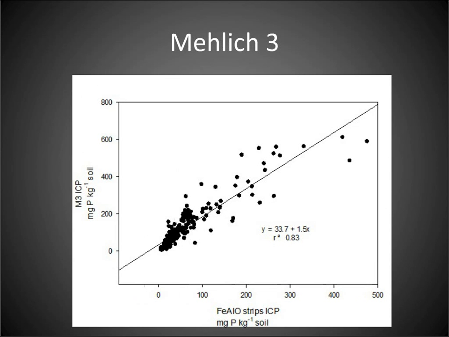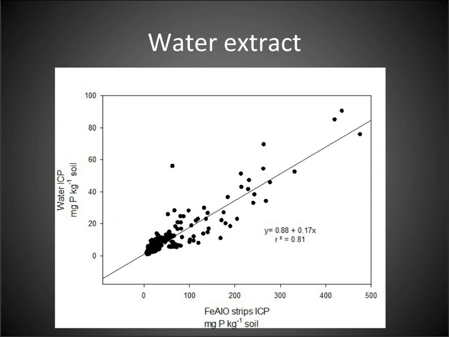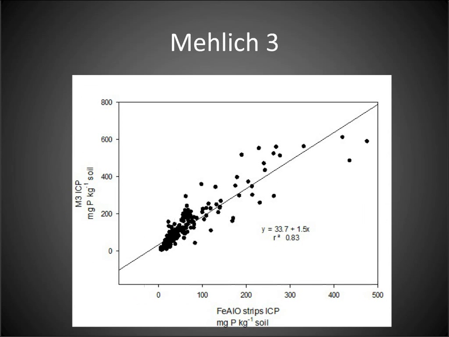This is the same data. This is Mehlich 3, which is a really popular extractant around the country. But I want you to notice that on the last slide, the water y-axis went from 0 to 100 parts per million. The same soil using Mehlich 3 goes from 0 to 800 parts per million. So that's a radical change. It's a very similar R squared.